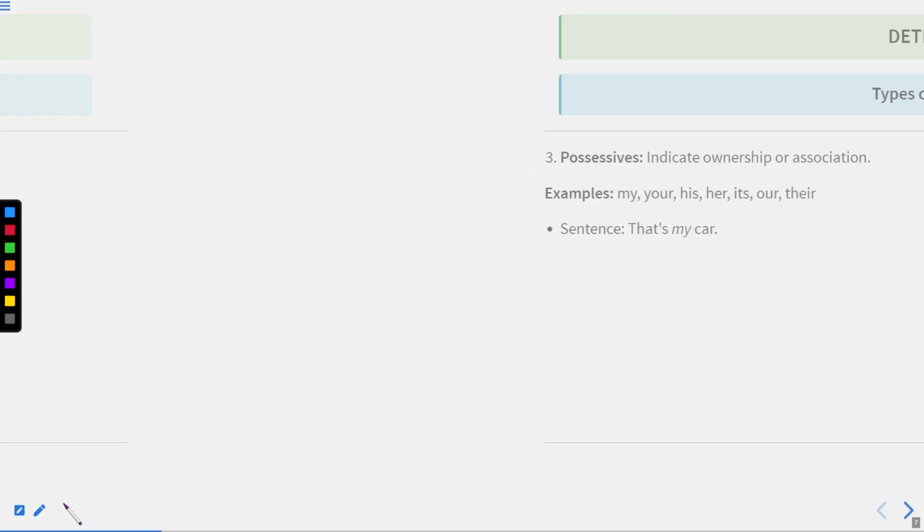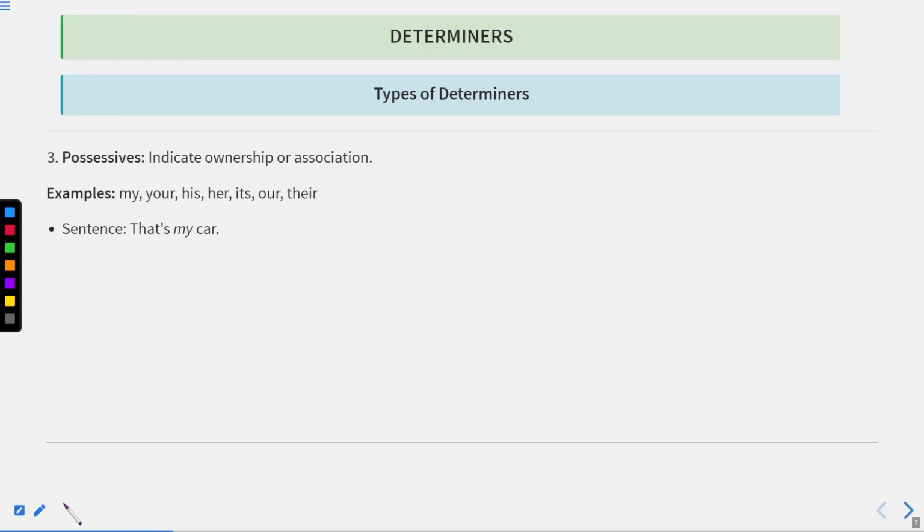Okay, now let us move to the next one, that is possessives. Whenever we show the possession of any noun, we use possessive adjectives or possessive determiners. These are my, your, his, her, its, our, their. All these indicate ownership or association, and they are also known as possessive adjectives, or possessive determiners.